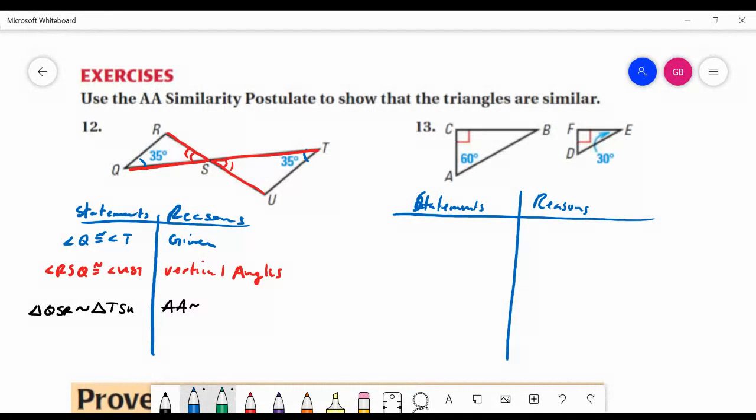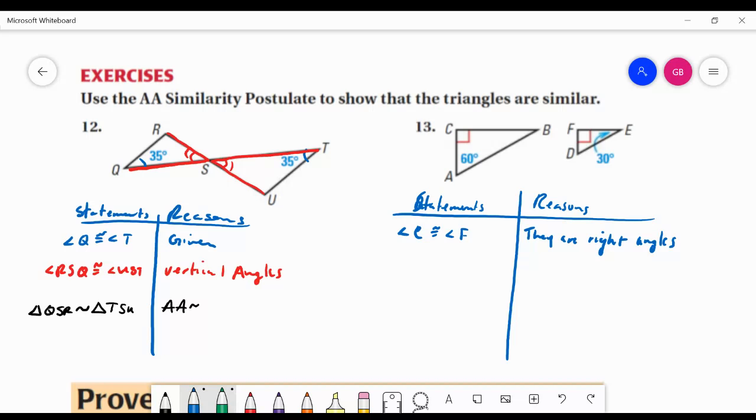Okay, number 13. Okay, we see we have two right angles. So angle C is congruent to angle F because they are right angles. They have to be congruent to each other. Okay, so that's one pair of angles.